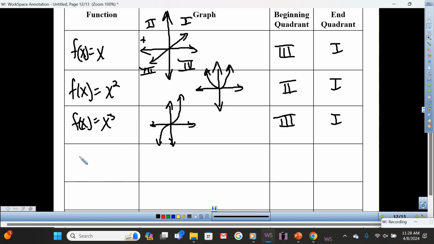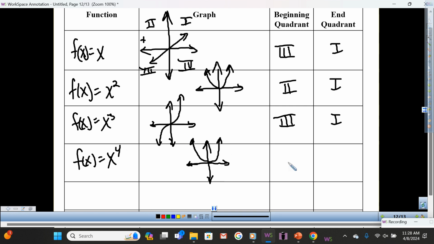Here goes. f(x) = x to the fourth. That one looks like this. Look up, please. It goes like this. It kind of looks like a parabola, but it extends a little bit more. It starts at quadrant 2, and it ends at quadrant 1.